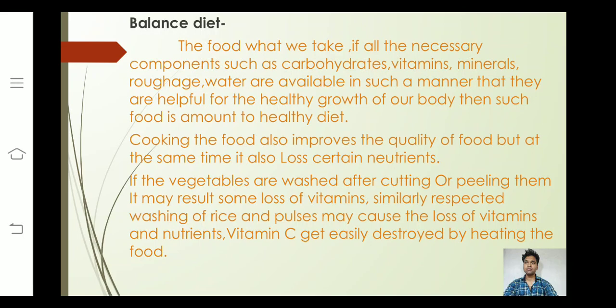Friends, for the survival of life, we have to eat a balanced diet. Here we will discuss what a balanced diet is. Friends, if the food we take has all the necessary components such as carbohydrate, vitamins, minerals, roughage, water available in such a manner that they are helpful for our body growth, then such food is called a healthy or balanced diet.